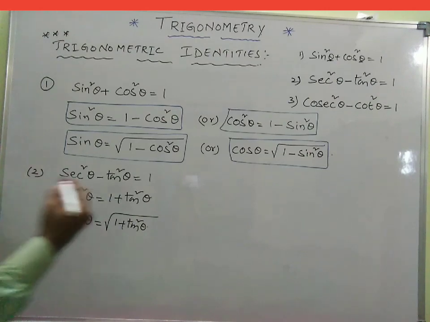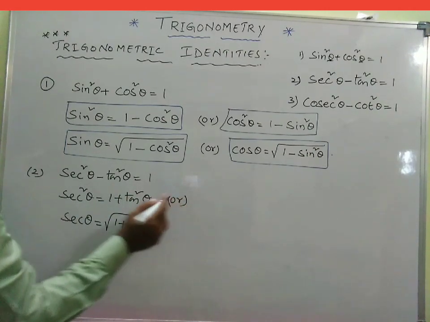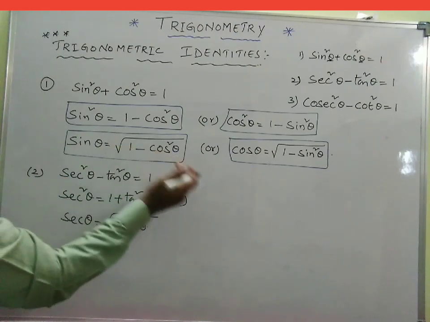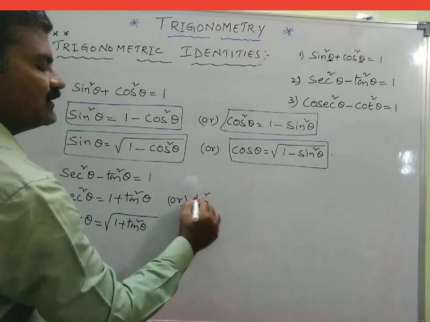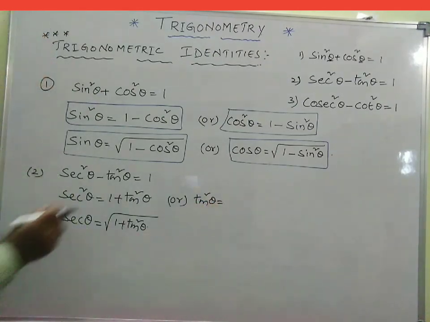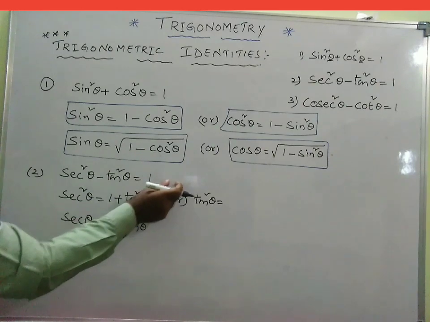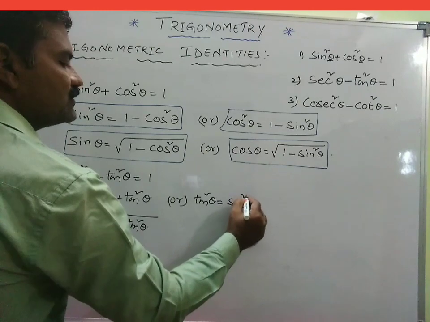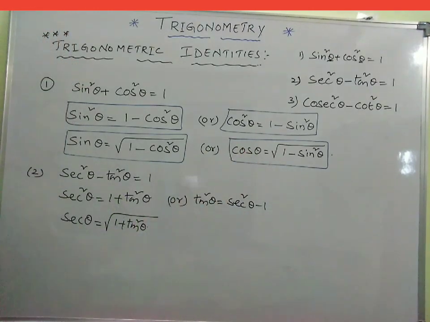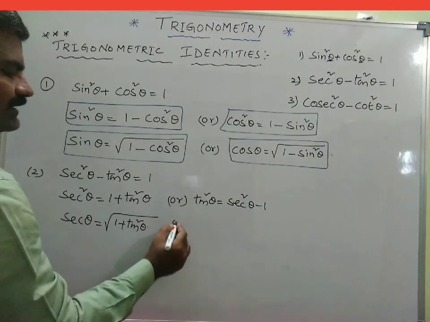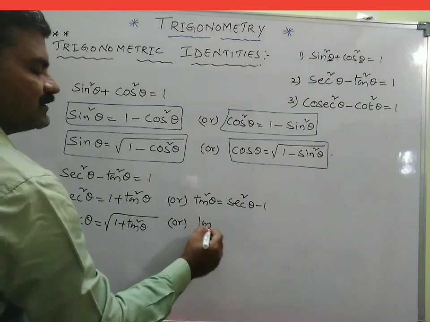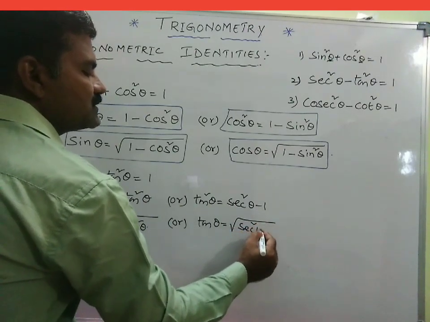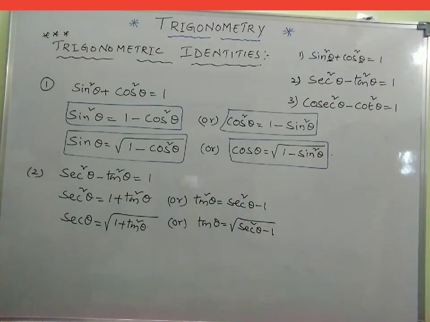Instead of making secant square theta the subject, if I make tan square theta the subject, then minus tan square you can send that side and 1 you can bring this side. Hence tan square theta is equal to secant square theta minus 1. Otherwise, from this, tan theta is equal to root of secant square theta minus 1.